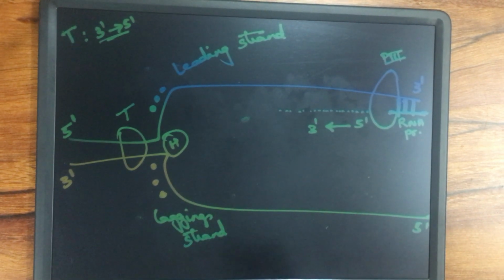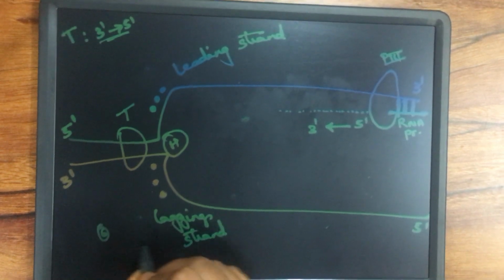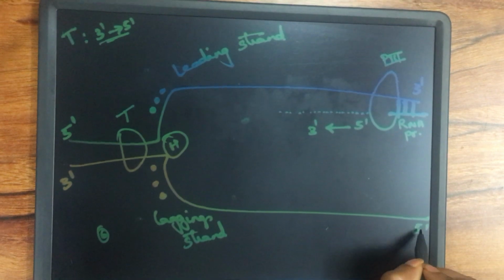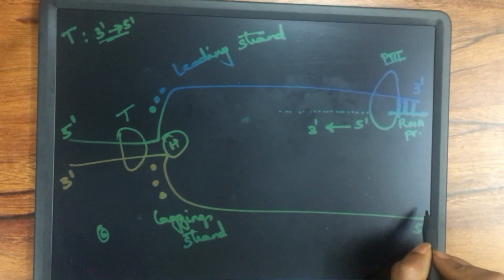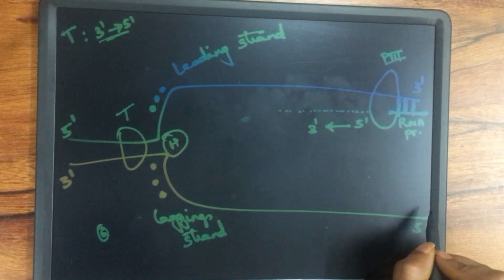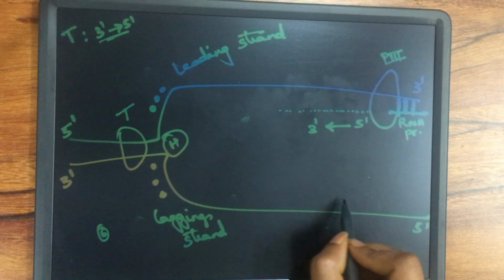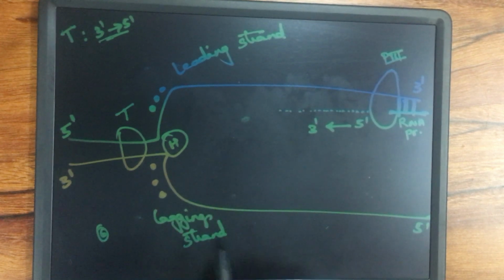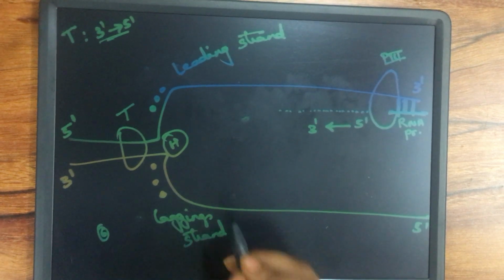But on the lagging strand, that is our 6th step, what will happen is that it is in the 5' to 3' direction. So the DNA polymerase 3 cannot synthesize on it. The template must be from 3 prime to 5 prime direction only.